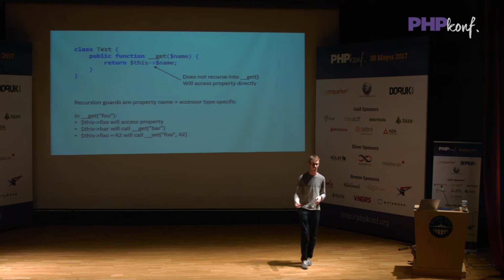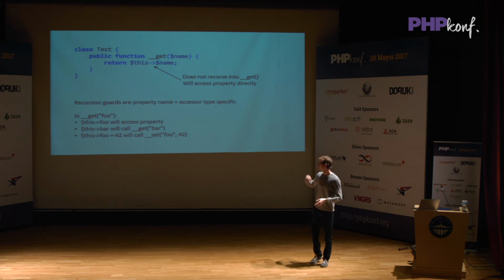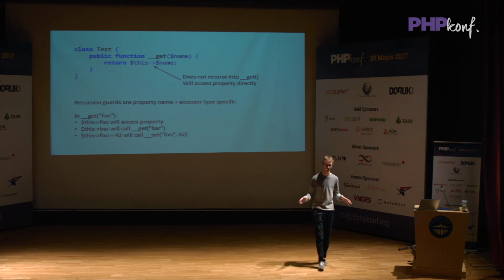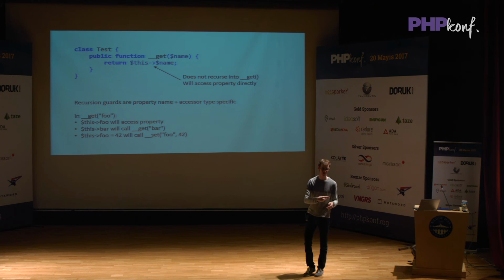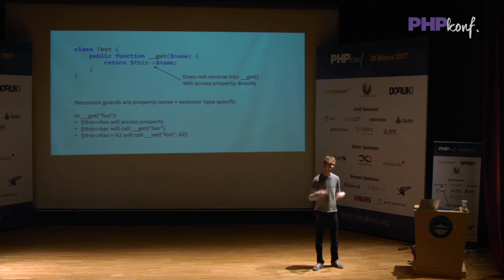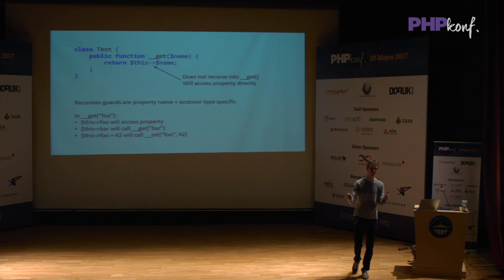Instead, we just access the property directly and get probably an undefined property error. If we access a different property, bar, we do get recursion. So we call the getter again, because the property name is different. Similarly, if we access a property foo, but we don't read from it, we write to it, we also will call the magic accessor, so we call the setter. We only get the recursion protection if both the property name and the accessor type are the same.